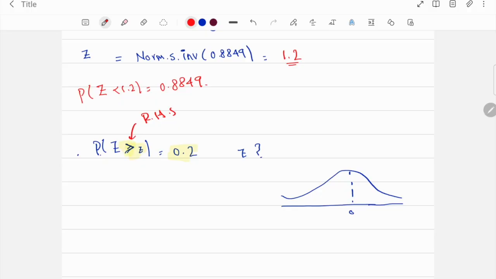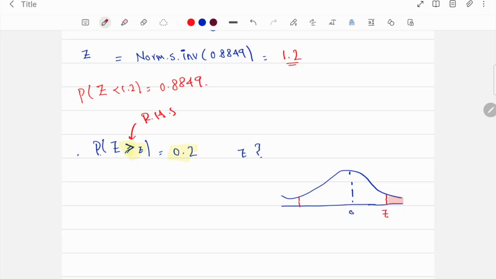So is it here or here? Is it right or left? Correct, it is right, because the area on the right is 20%. You can't be here, because if it's here, the area at the right is greater. The area at the right has to be 20%, so this is the only place. So this is my z.